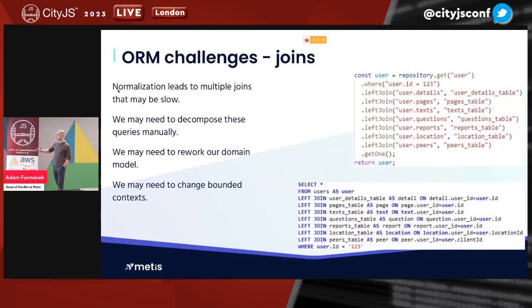For instance, imagine that I have this big aggregate root in the top right corner, so I'm getting users with details, peers, information, etc. This will generate a ton of different joins. And the problem is, this is actually the code I was debugging in one of the production systems.